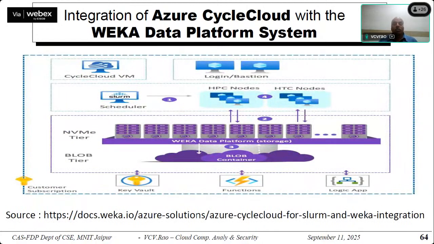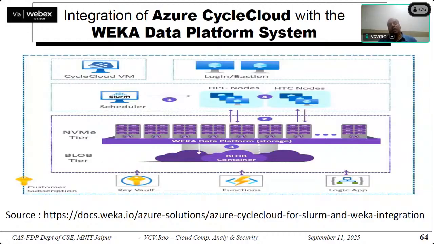So this is how the HPC nodes will be. In the high throughput nodes, you may have a 512 core or 1000 core single address space system. You have the Slurm scheduler, the CycleCloud virtual machines, the NVMe tier, the flash array of SSDs, and the storage, and all things can be brought under a single umbrella.